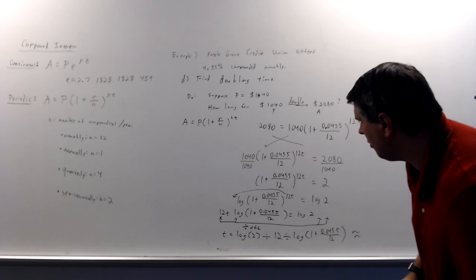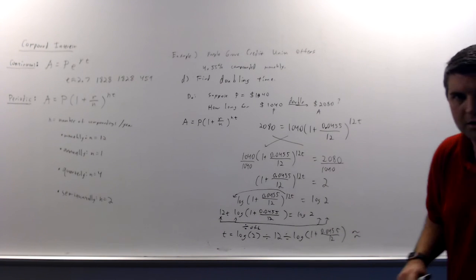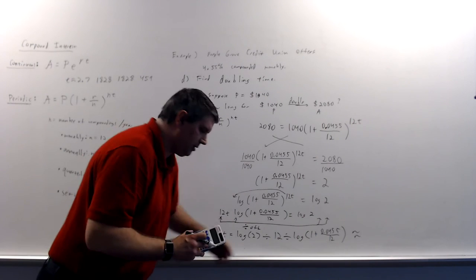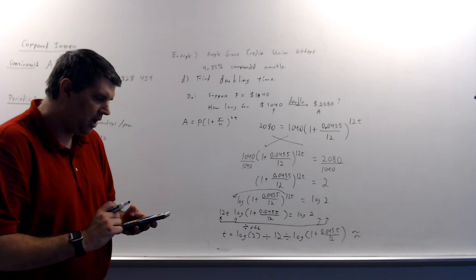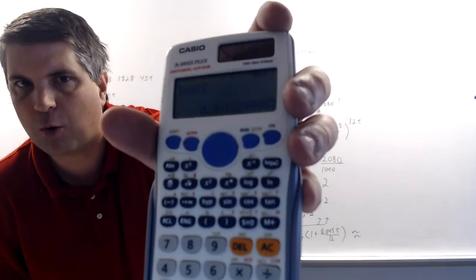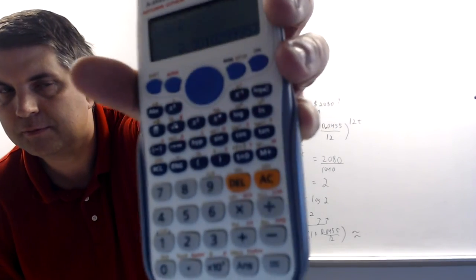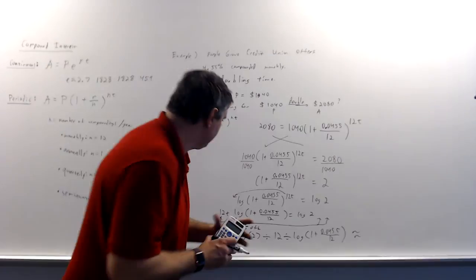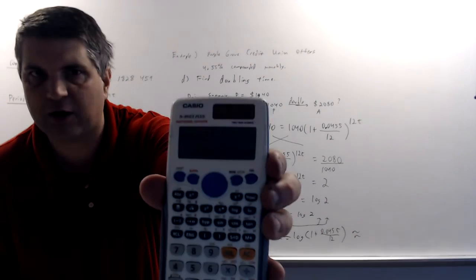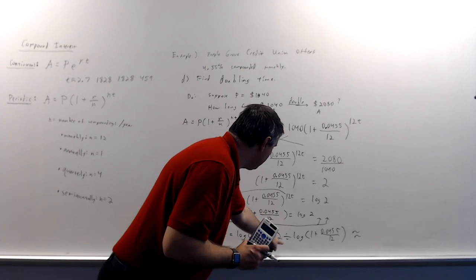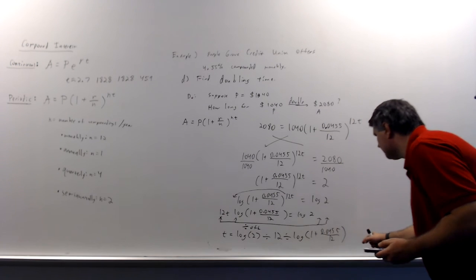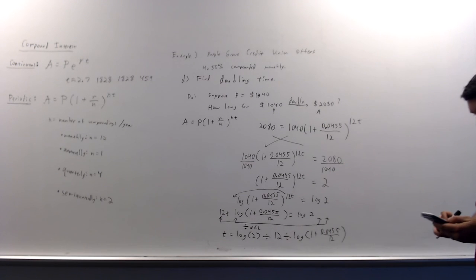Okay, so what I'm going to do, common log of 2, hit enter or equal. I'm looking at, for just this part, 0.301 something. Okay? Divide by 12. Now I'm looking at 0.0258 something. Divided by common log.